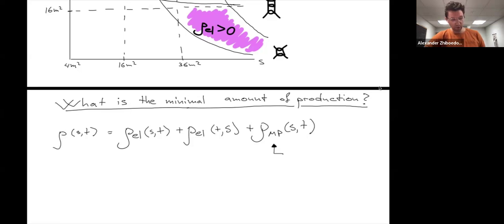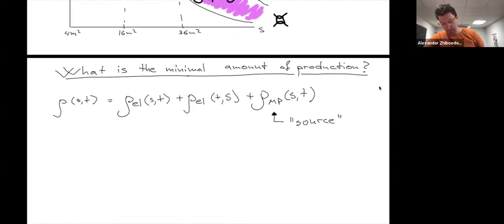So if we want to close a set of our equations, we can think of this as a source. We think that we have multi-particle physics as a source. In the language of my first slide, all these complicated graphs, which are not two-particle reducible, I pack into this very complicated blob, which I can call an MP blob.